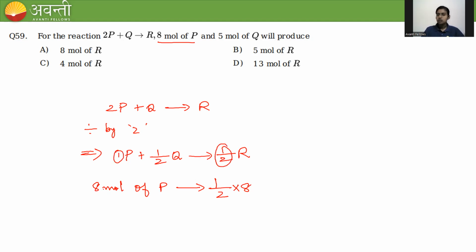Then for 8 mole it is 8 by 2 moles of R, which is nothing but 4 mole of R. So 8 mole of P will give 4 moles of R. So option C is the correct answer for this. Okay.